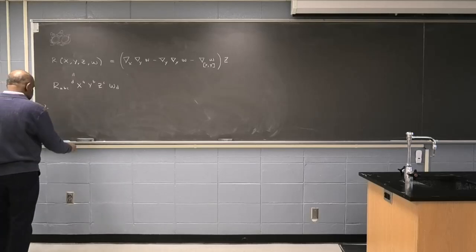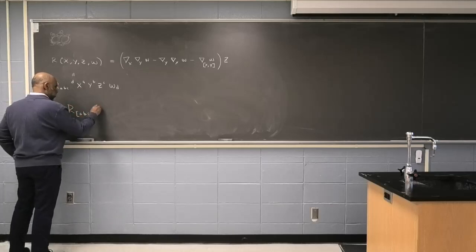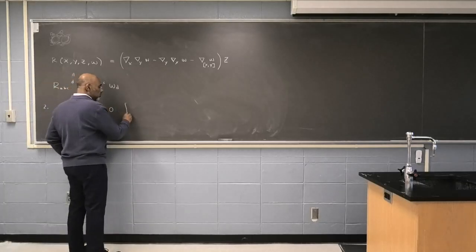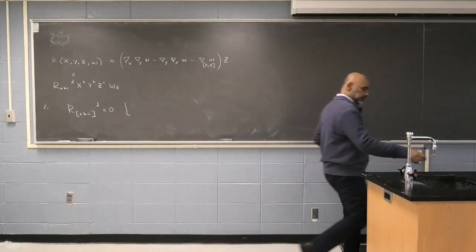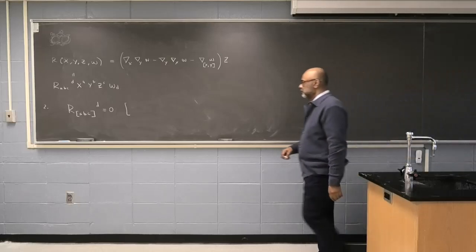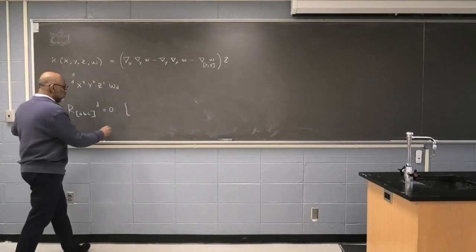The one we saw yesterday was the fact that this is equal to 0, and this is only true, I believe, for a torsion-free connection. Yes, it is a torsion-free connection that makes this 0. I called it property 2 here because that's how it is in my notes.